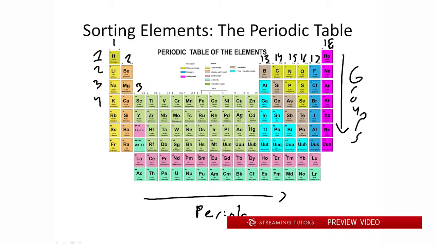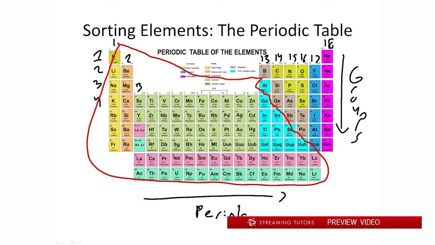Now another kind of organization that occurs in the periodic table is based on three different categories: metals, semi-metals, and non-metals. Our metals are all on the left side of the periodic table, all of this area. All of these are metals. We'll get into the specifics of each group later in the video.